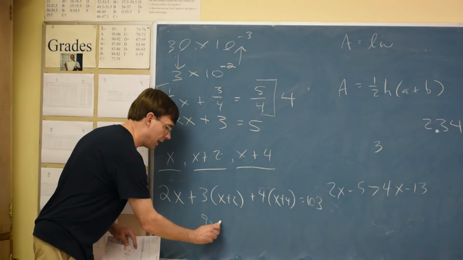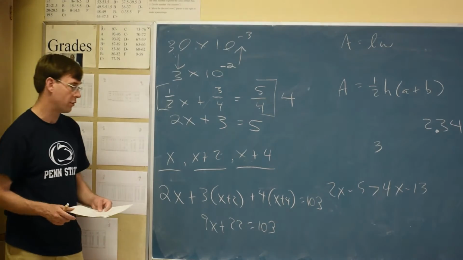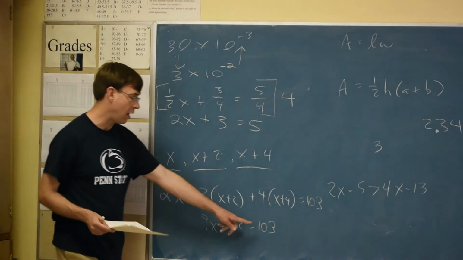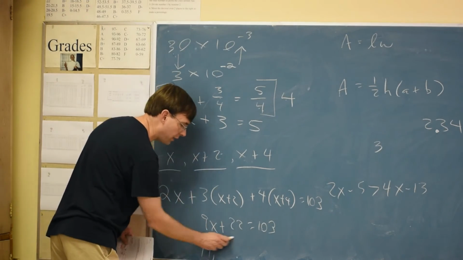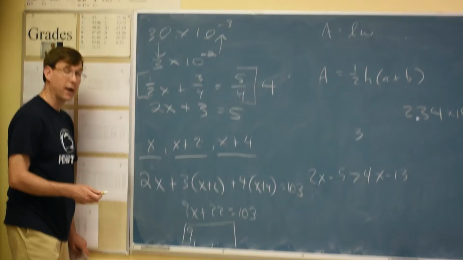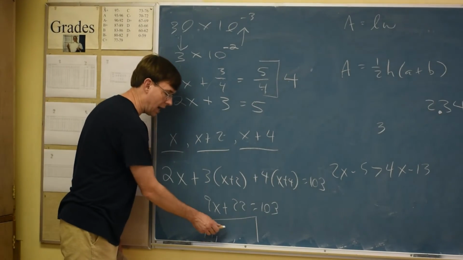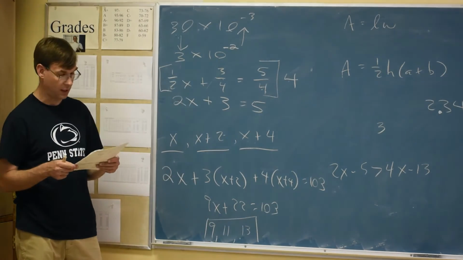If you do that right, you'd have 9x plus 22 equaling 103. And then do opposites. Subtract 22 to get down to 81. Divide by 9. So our list would start with 9. But remember, we wanted a list of 3 numbers, and they were supposed to be odds. So 9 would bump to 11, and then to 13 if we're sticking with odds.